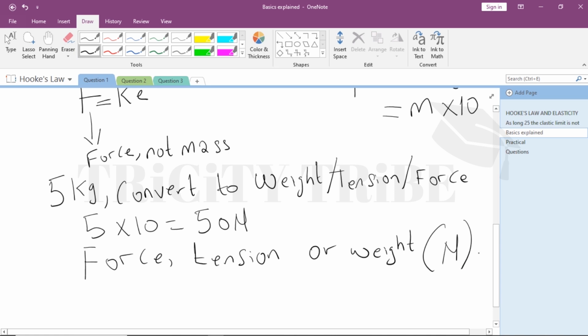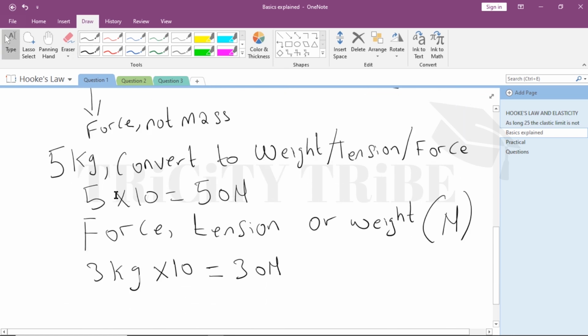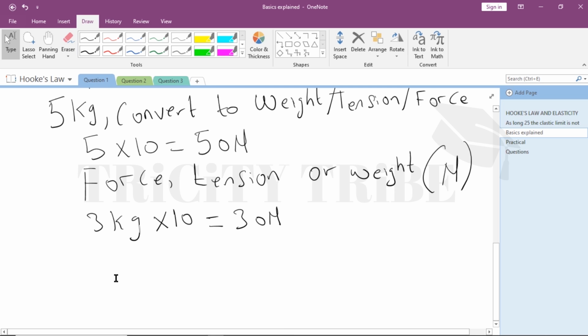And if you can't find your force, tension, or weight in the question, but you find mass, let's say a mass of 3 kg, just convert the mass to Newton by multiplying by 10 to have 30 Newton. Then you can proceed to use this formula. Do you understand? Then what if I was given a mass of 3 grams?